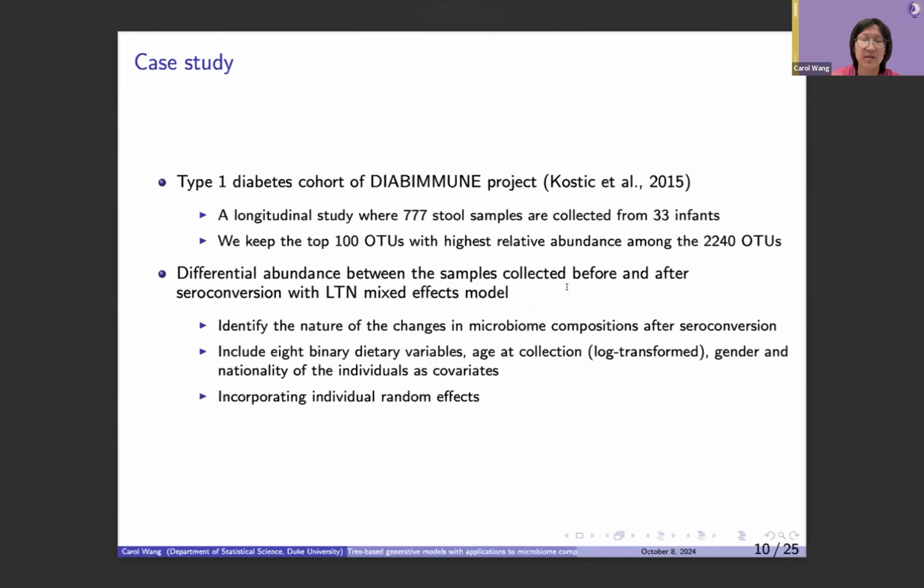So from the hypothesis testing perspective, we demonstrate that through a case study where the data is from the Diabetic project, where 777 samples were collected from 33 infants. This is a longitudinal data set, and we aim to test whether there is change in the microbiome compositions after seroconversion.